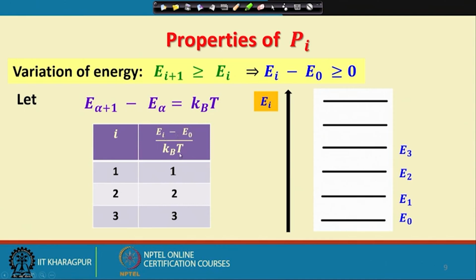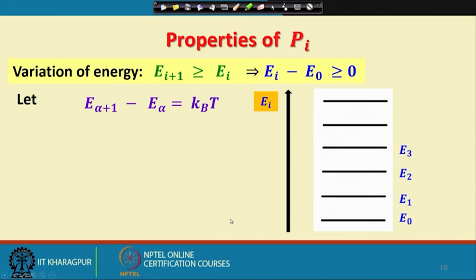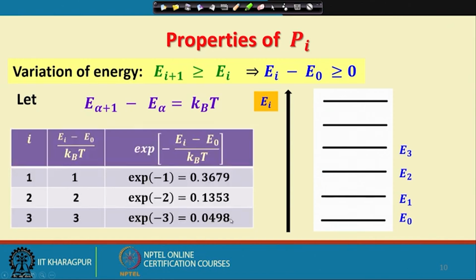So, what happens if I go from i equal to 1, 2 to 3? This quantity (E_i minus E_0) by kT also increases as 1, 2 and 3. Correspondingly, this quantity which controls the probability P_i is now a number less than 1.